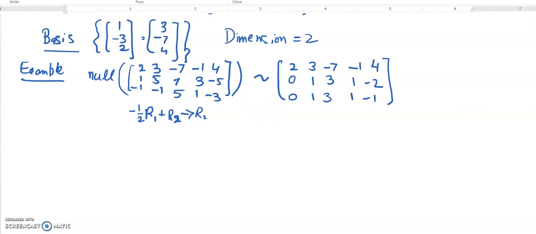And then this will be equivalent to 2 3 minus 7 minus 1 4, and then 0 1 3 1 minus 2, and the last term will be 1.